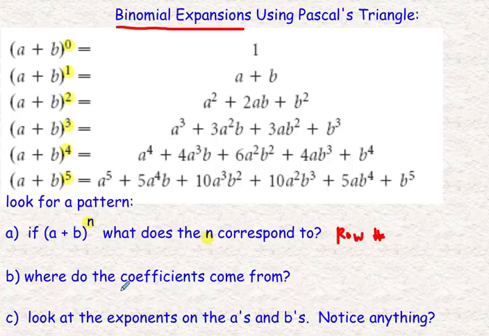Okay, then the next question is, where do the coefficients come from? So the coefficients are the numbers in front of each variable. So the coefficient here is a 1 and a 1. Here's a 1, 2, 1, 1, 3, 3, 1.